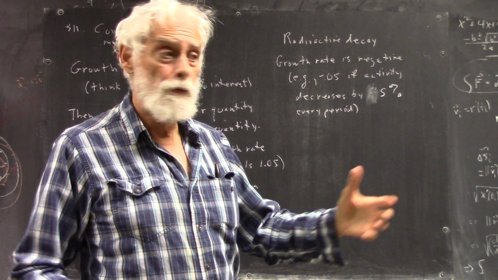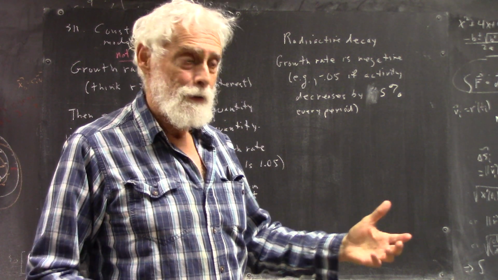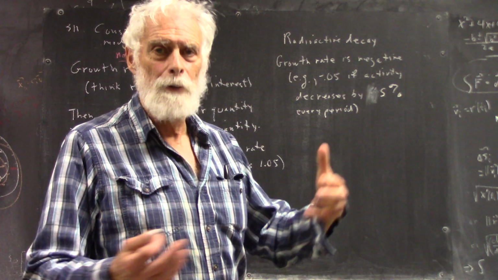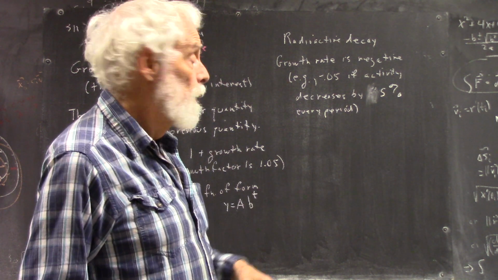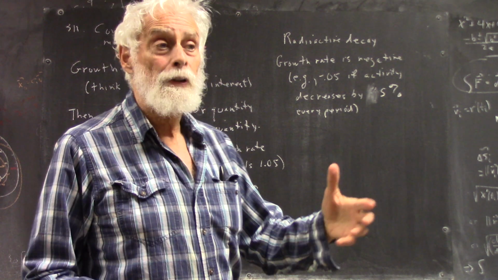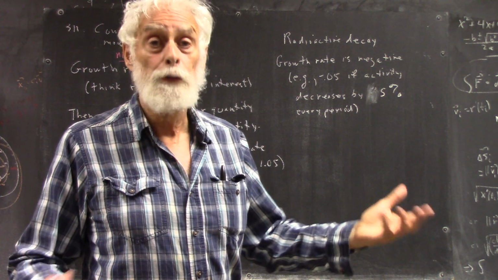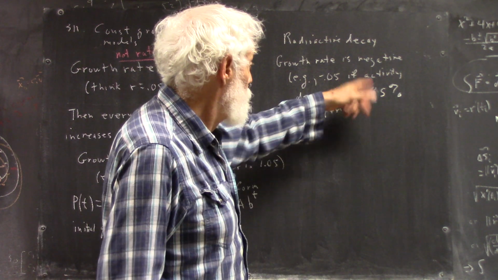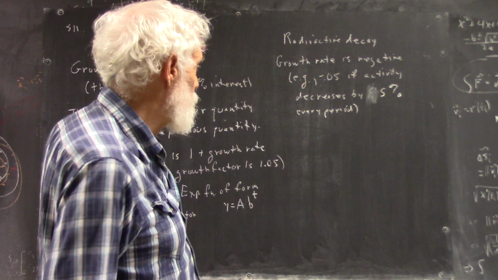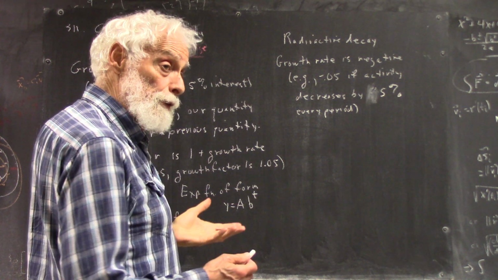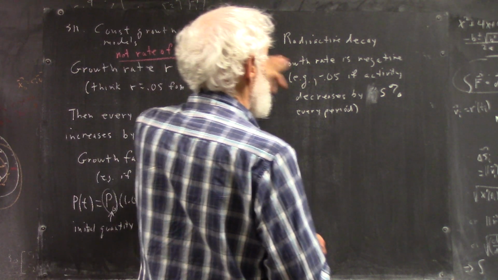But their growth rate over, say, a period of 1 million years, might be something you could actually focus your attention on, or even over 1 billion years. But some things decay very quickly in just a few seconds. So the period would depend on what the substance actually does, but the model is going to be what it is.